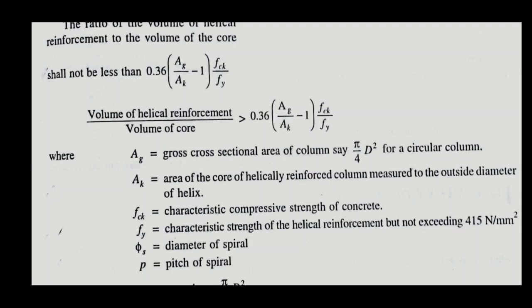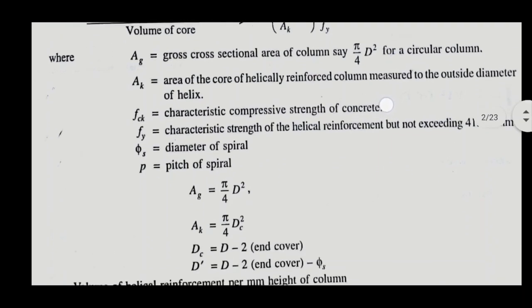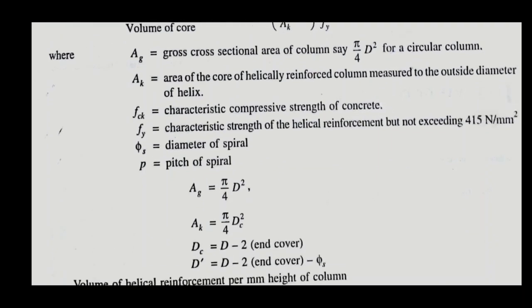Fck is the characteristic compressive strength of concrete. Fy is the characteristic strength of helical reinforcement but not exceeding 450 Newton per millimeter square, as we read earlier. Phi is the diameter of spiral, and small p is the pitch of spiral. Pitch means the center to center distance. Now Ag is equal to pi by 4 D square. Ak is equal to pi by 4 Dc square.